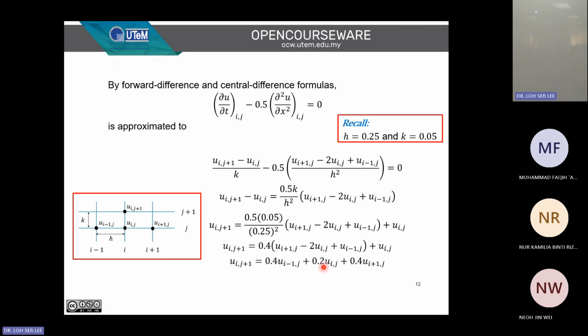If you didn't arrange in this way, later you still can find your answer, but you have to rearrange. But if you arrange your formula first, it will be very, very simple later.